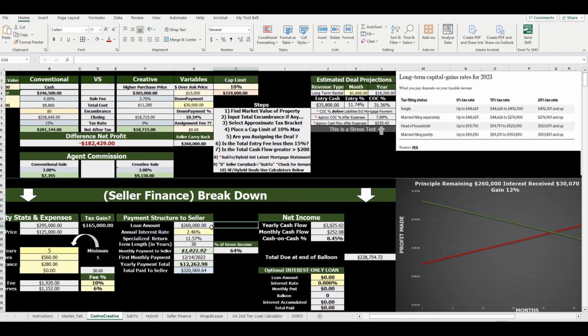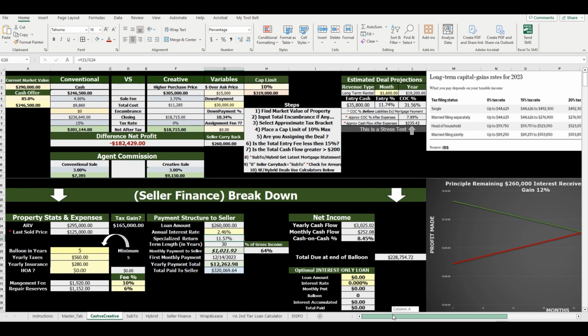Now, you might see this special terminology over here where it says specialized return. This is also another thing that is unique about this calculator here. The return value of 11.57%. How this is being calculated is that it's taking the total interest received by the seller over the course of a 5-year balloon.